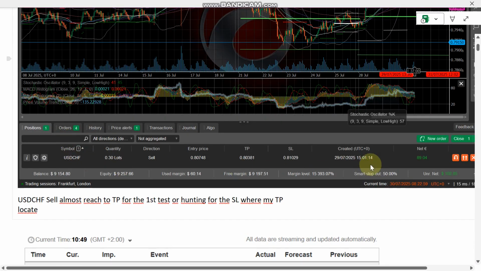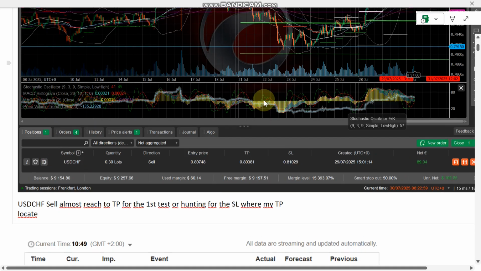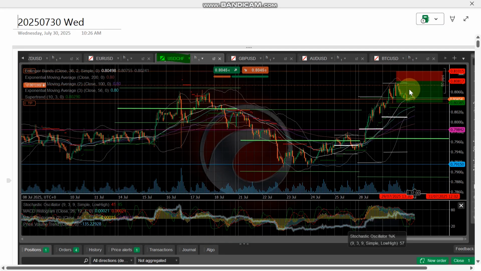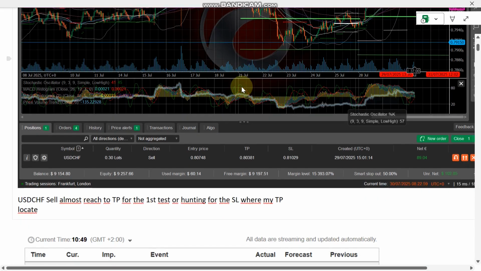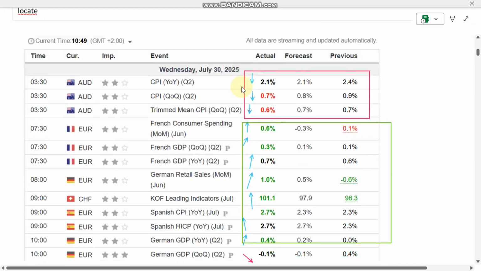US Swiss franc sell limit, position is still running. Sell limit hit and almost to the take profit, but it's still running.